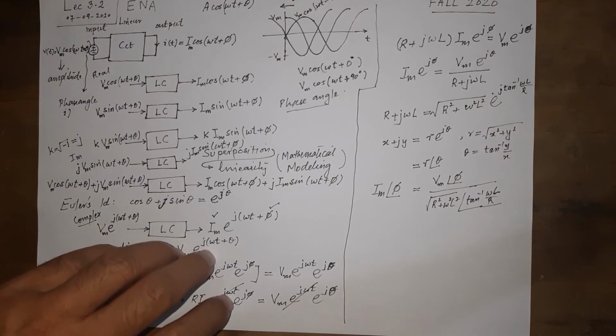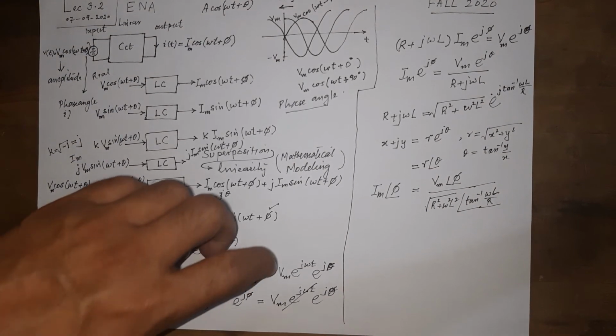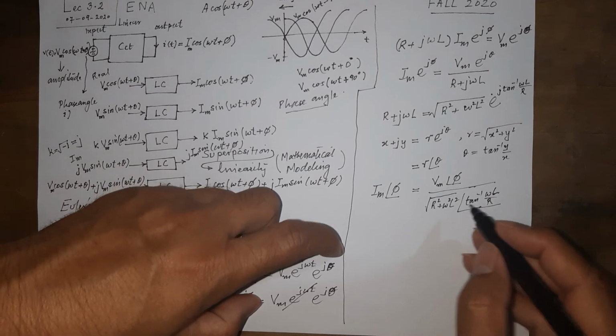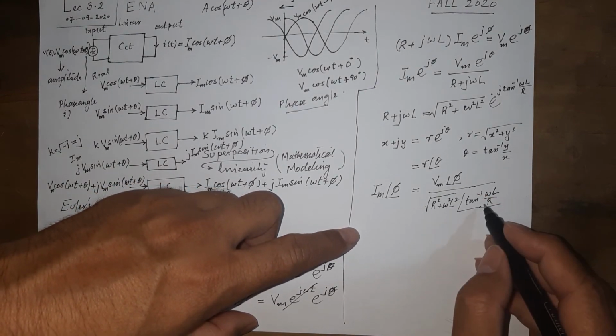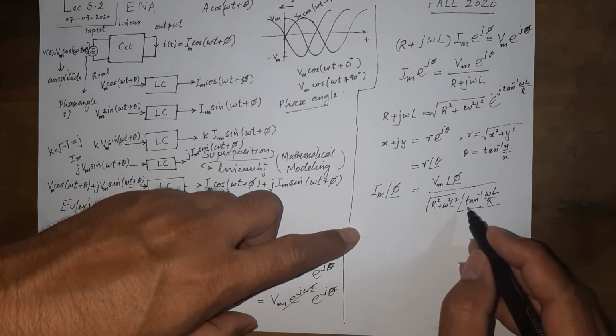So look at this expression, and can you now see, okay, here we have a complex number in the numerator and a complex number in the denominator. A complex number is being divided by a complex number.